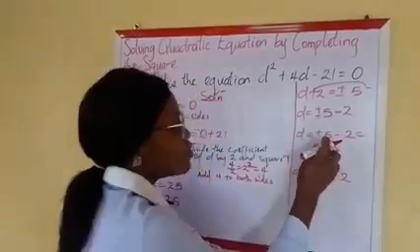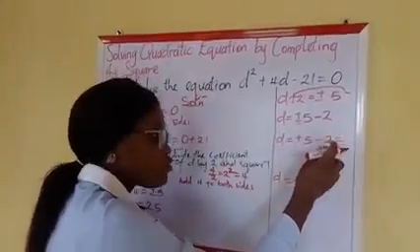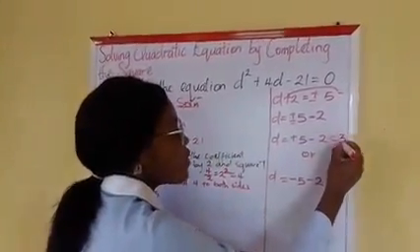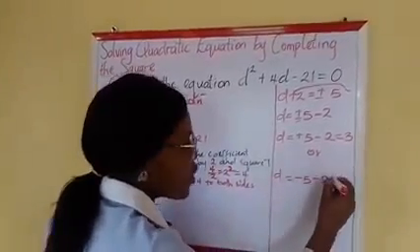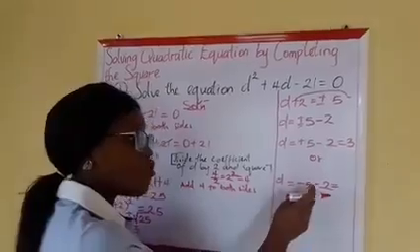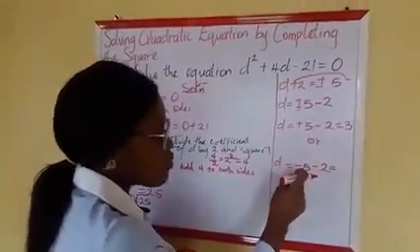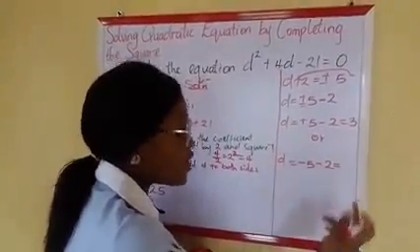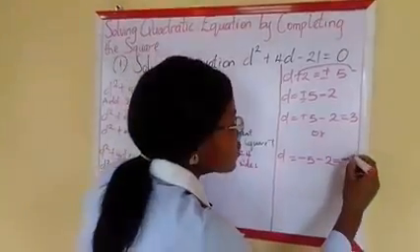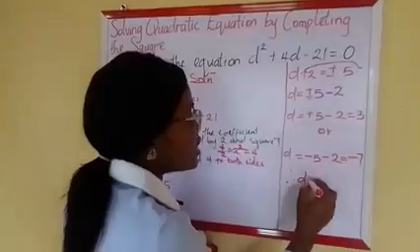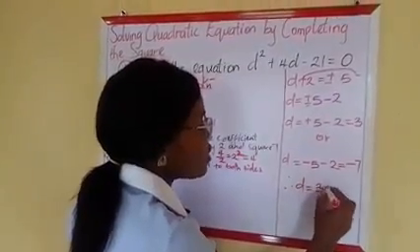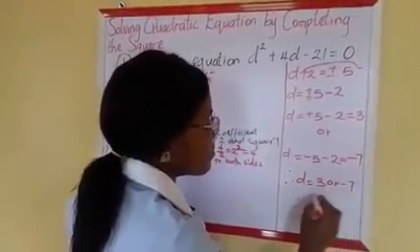Okay, let's solve. 5 minus 2 is equal to 3. Minus 5 minus 2. You are owing me 5 and you are still owing your brother 2. So minus 5 minus 2, you are owing the two of us 7 altogether. So we have minus 7. Therefore, d is equal to 3 or minus 7.